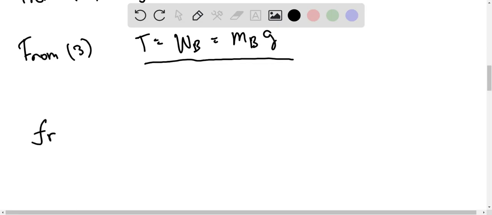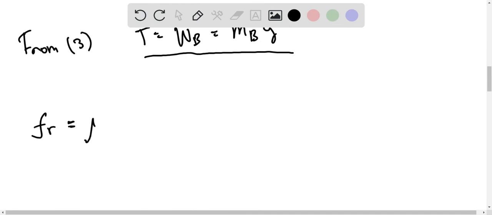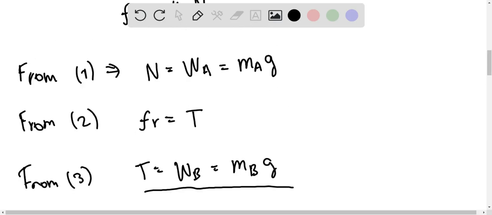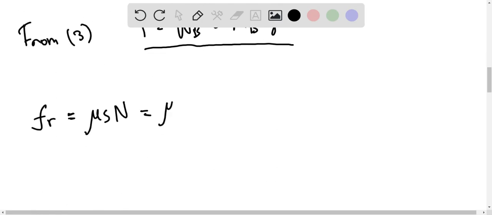We want the minimum mass of the block A such that the system is not moving. So we have the maximum when this is equal to the coefficient of static friction times the normal force. We know from one that the normal force is equal to the mass of A times g.